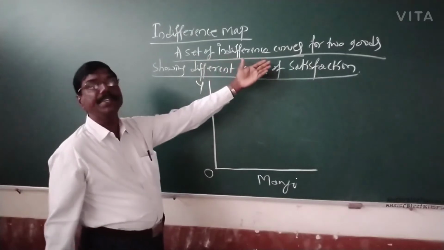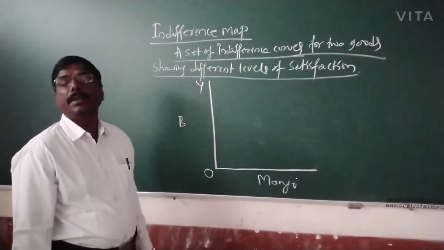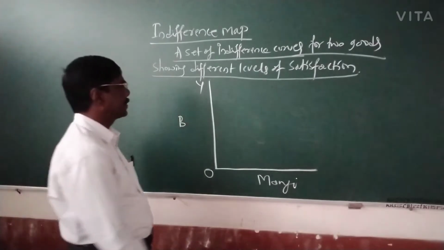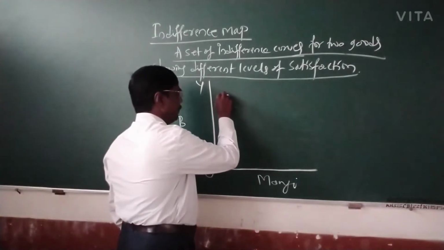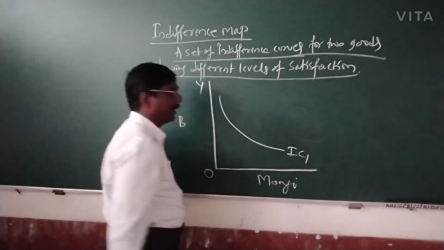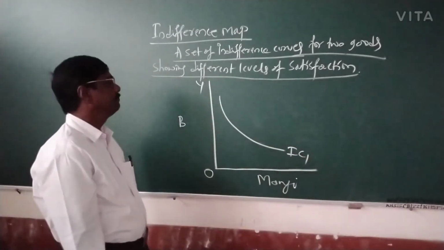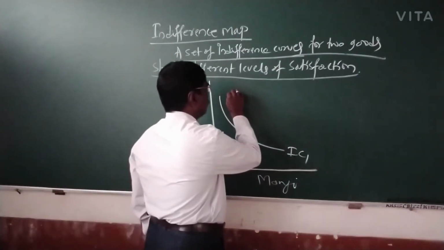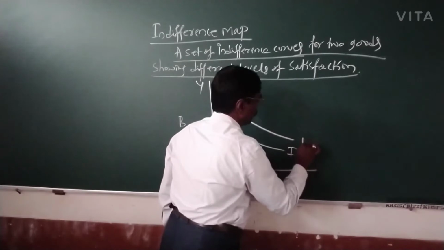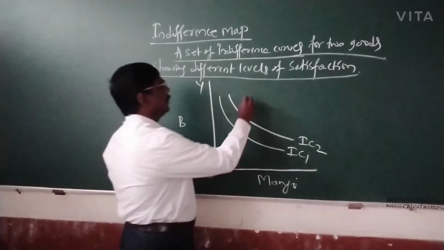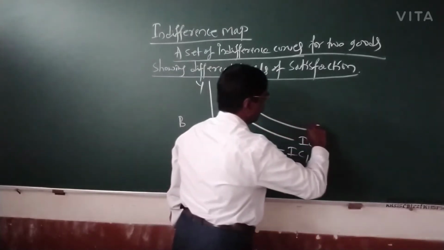We have to draw a set of indifference curves: IC1, indifference curve 1, next IC2, indifference curve 2, then IC3.